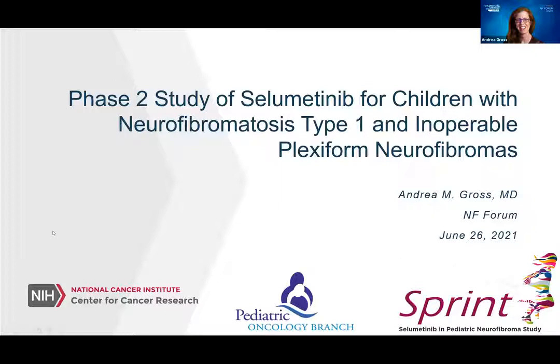Dr. Gross is really on the cutting edge of almost every aspect of clinical research in NF1. So if she doesn't know it, it doesn't exist. Her talk today is entitled Long-Term Safety and Efficacy of Selumetinib in Children with NF1. I should mention that she'll be doing double duty later on in another talk in a different session. You're all yours, Dr. Gross.